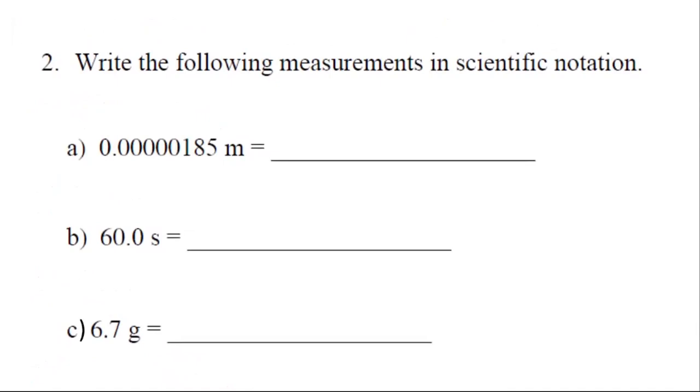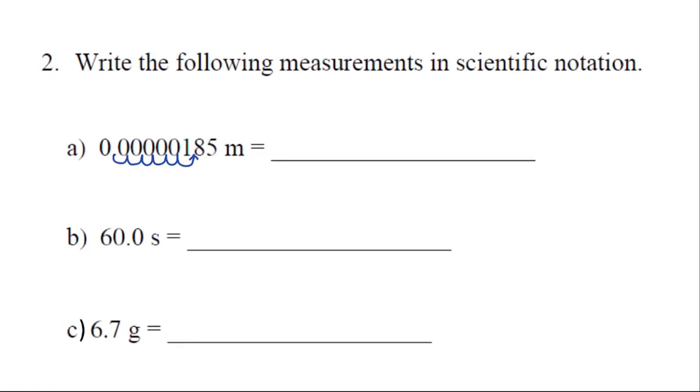Now, let's put an R for right or L for left. Which way am I going to move the decimal place? Towards the right or towards the left? Excellent. I need to move it to the right. So I'm going to move it 1, 2, 3, 4, 5, 6. Okay, so I know that that's going to be my exponent. Great job, Victoria. Yes, I'm glad to see that you get this concept.